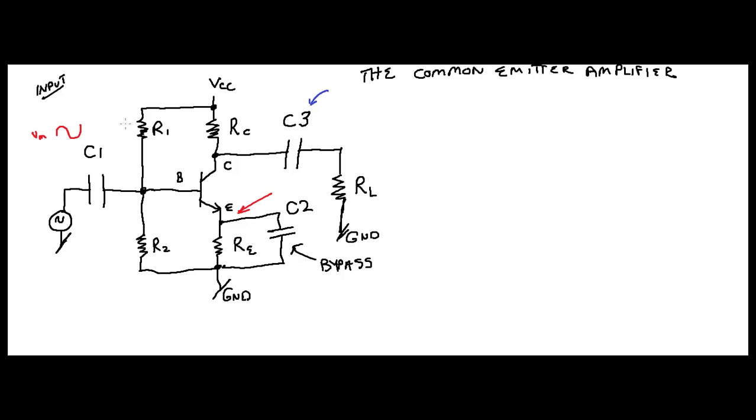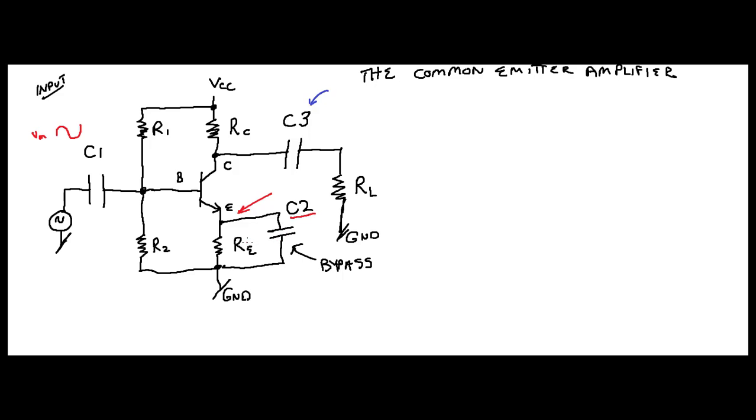Now the frequency is in the right range for the capacitance to be seen as a short. That means then this capacitor right here, C2, is going to be seen as a short.